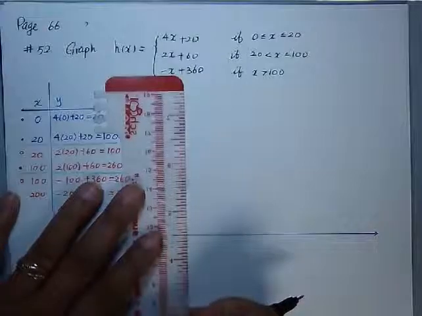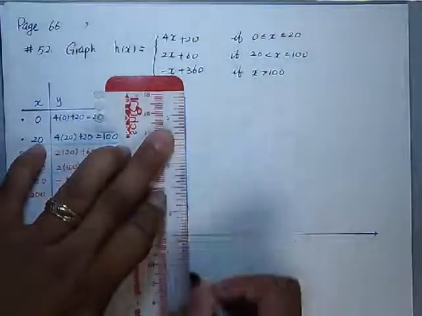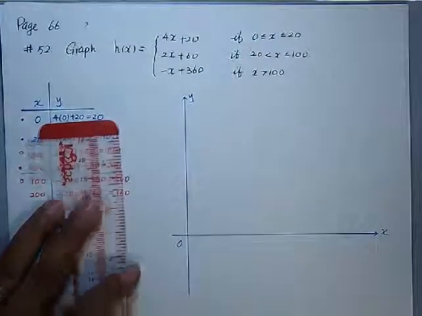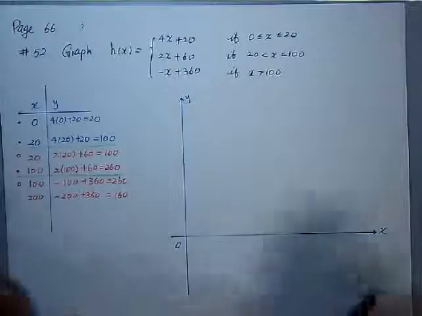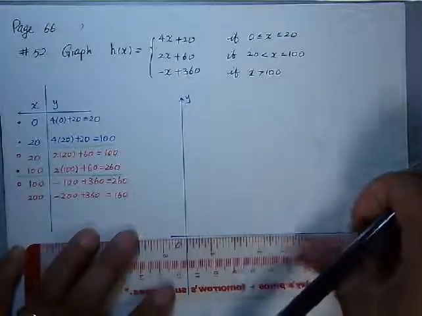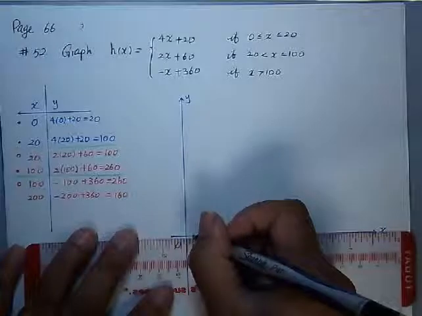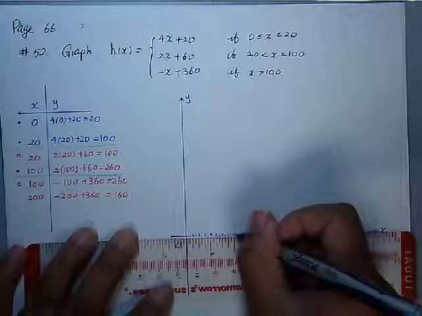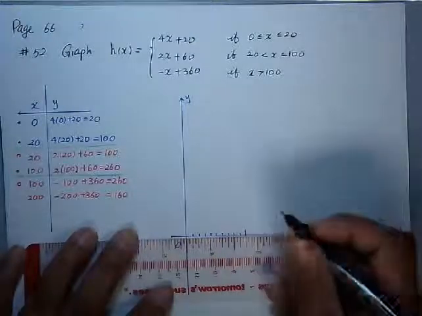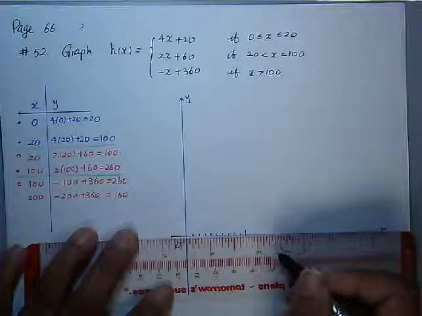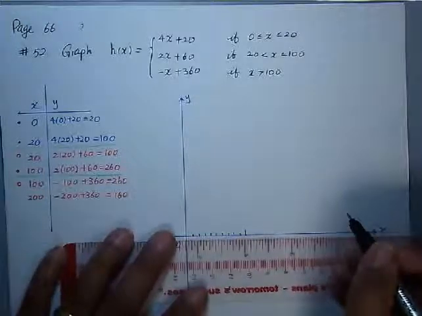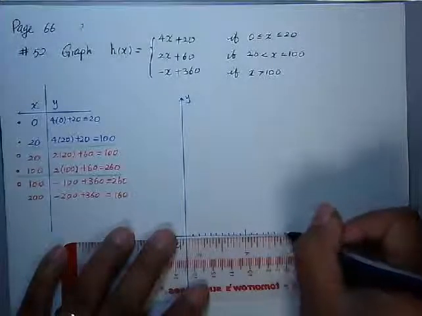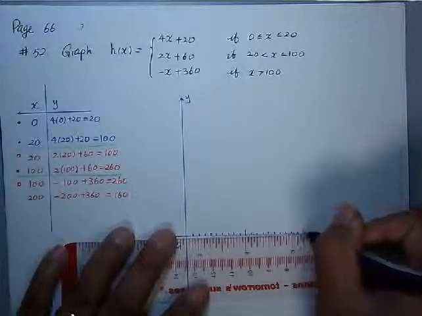So let's see. Since I don't have any negative x, I'm going to have my y-axis a bit closer to the left-hand side. And for the x's, let me see, maybe I can use each unit as 10. That's 100. 200.